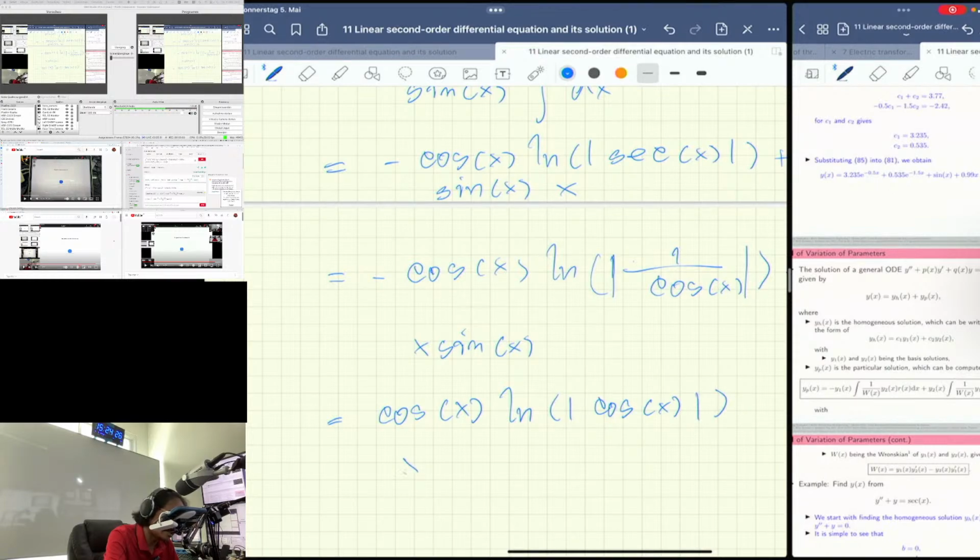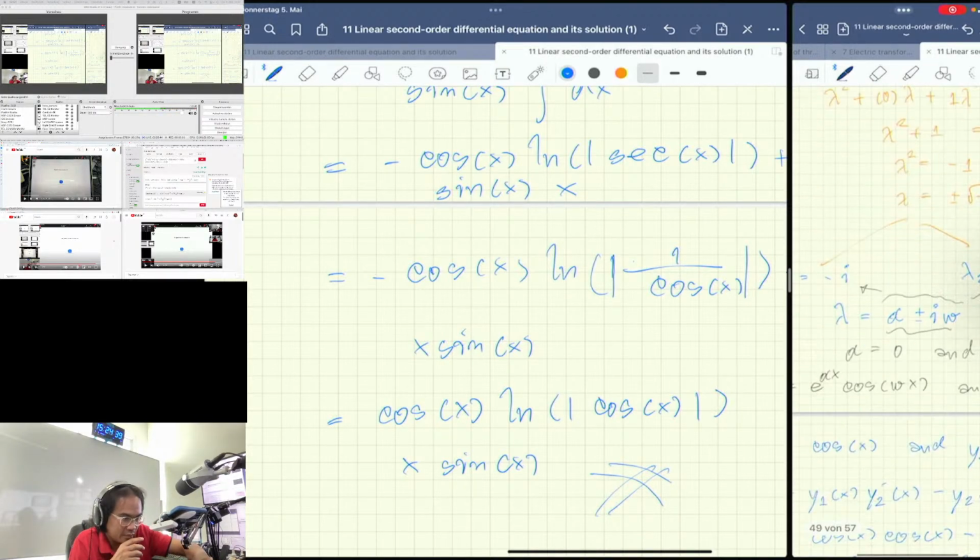Okay, and x sine x. All right, and that's it because they haven't provided the initial conditions. So that would be the solution to this problem.